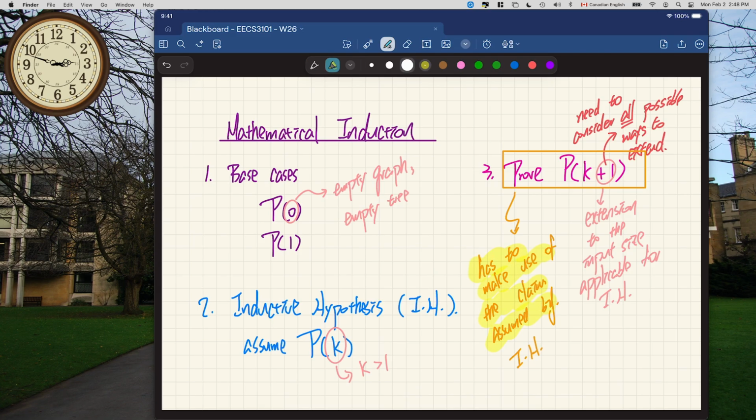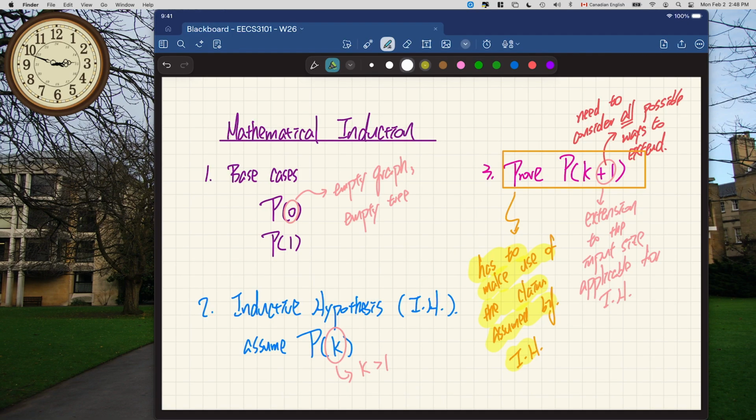If somehow you say that you're able to prove that P holds on k plus 1 without having to use the assumption that P also holds on k, there's something wrong. All right, so these are the steps you will see on every mathematical induction we're going to do.